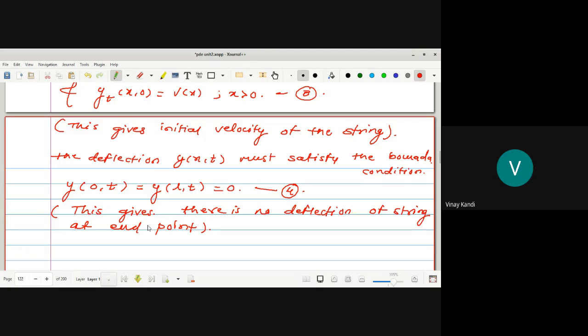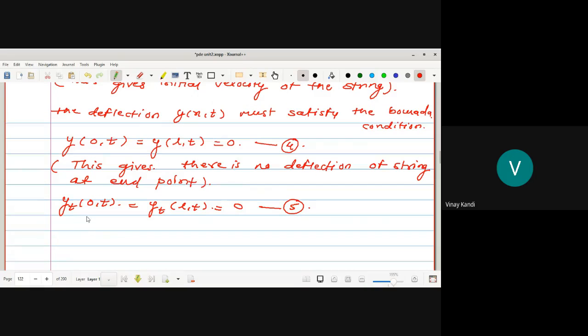Okay, any doubt up to here? Now y_t(0,t) is equal to y_t(L,t). The velocity at point x equal to 0 and at point x equal to L is again 0. Give it equation number 5.